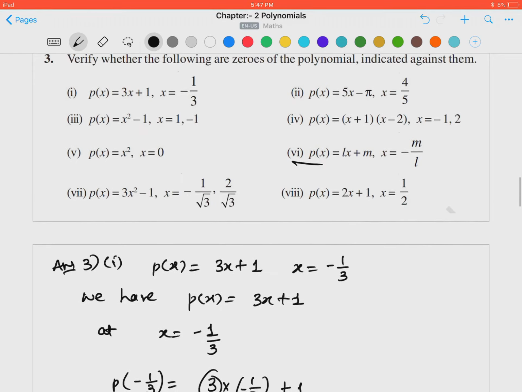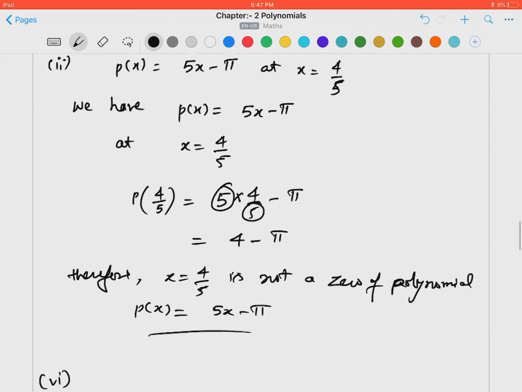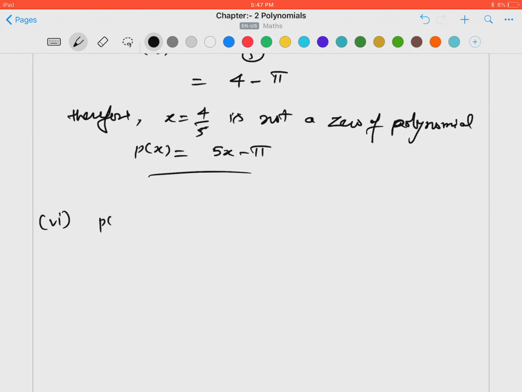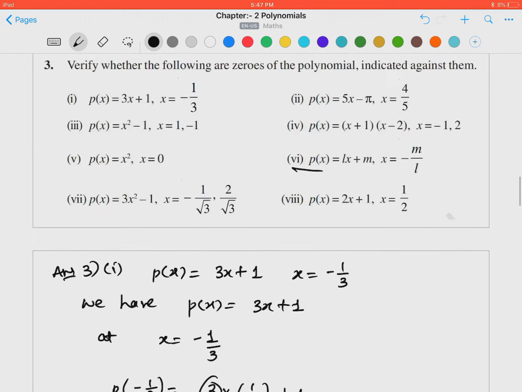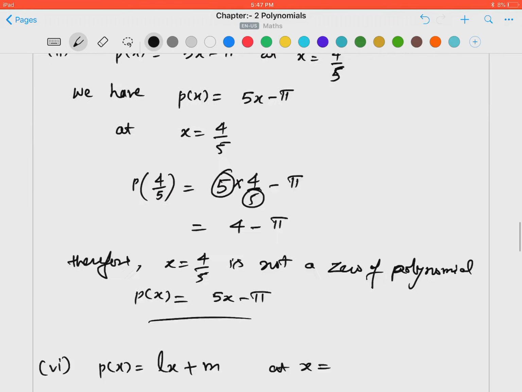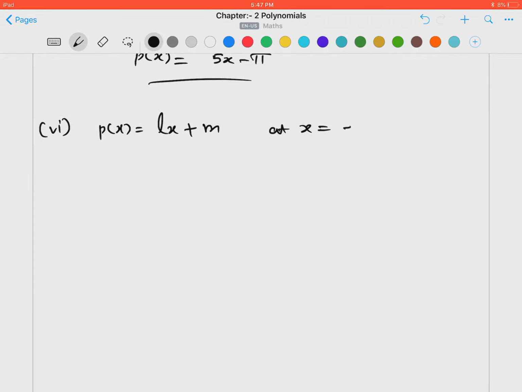The 6th one is p(x) equals lx plus m, at x equals minus m by l. So we have p(x) equals lx plus m, and I have to find its value at x equals minus m by l.